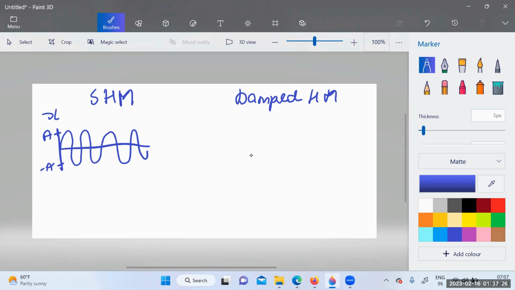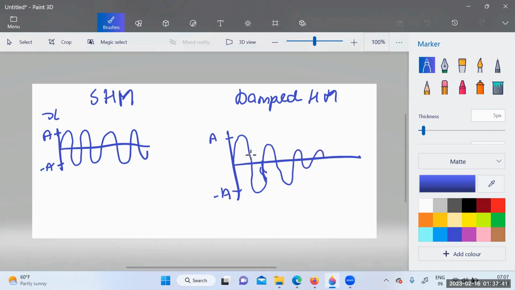If I represent it in the form of a graph, let us say this is the amplitude when you set the object in oscillation. But as the time progresses, it will go on decreasing and finally it will become zero. So this is what is known as damped harmonic motion.